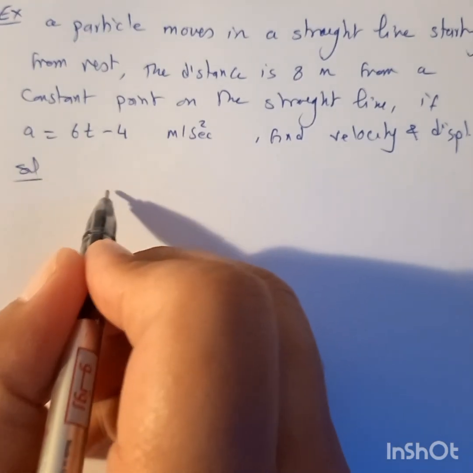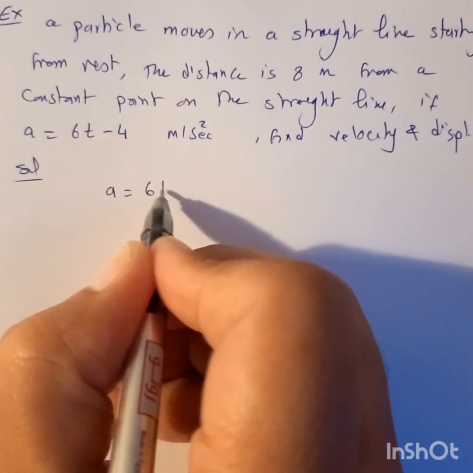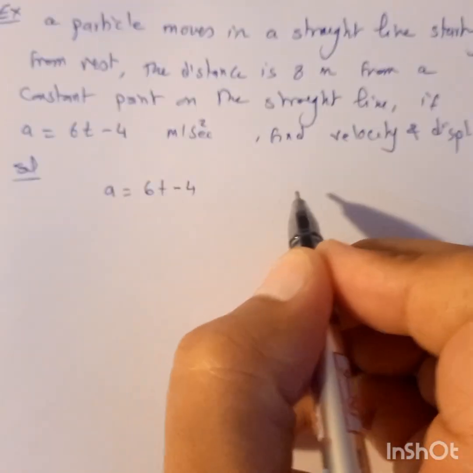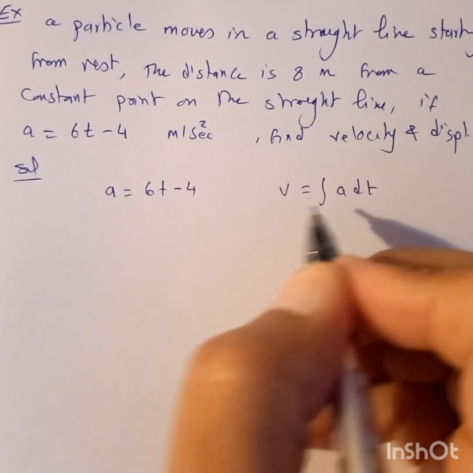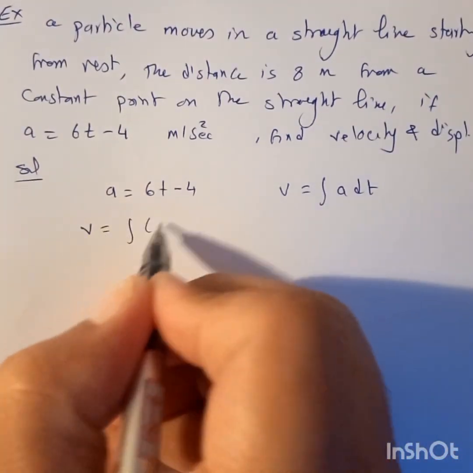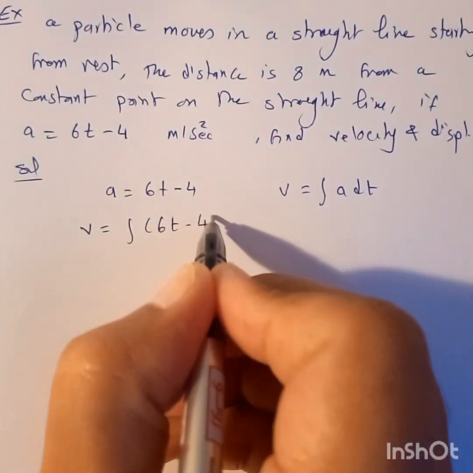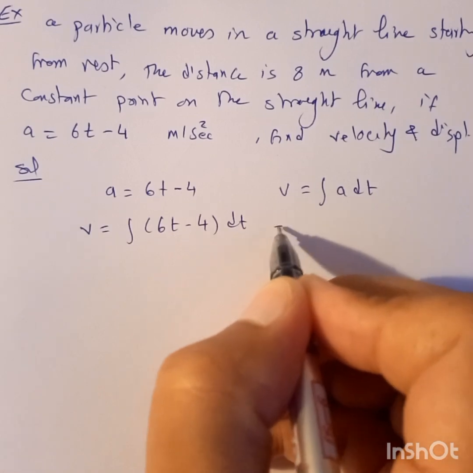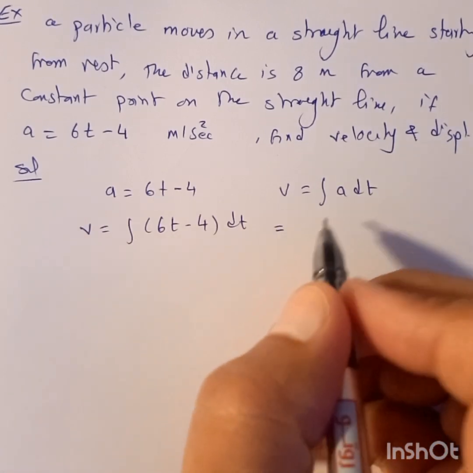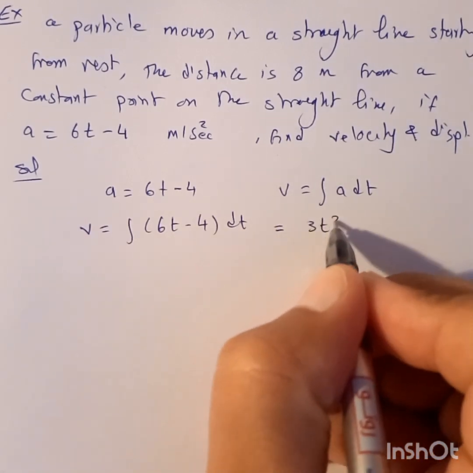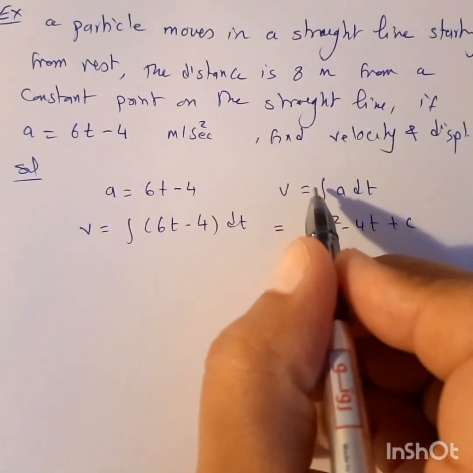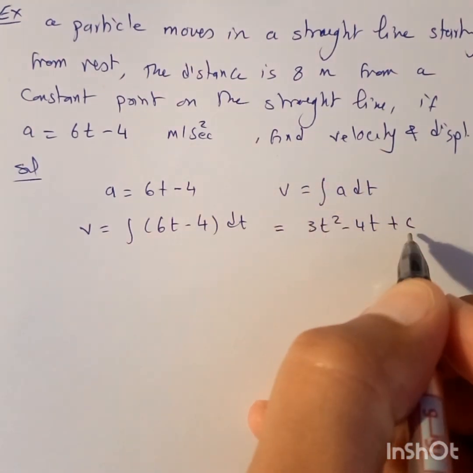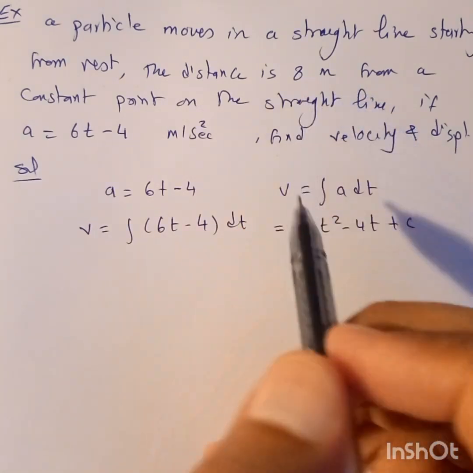Then we have here acceleration equals 6t minus 4, and we have v equals integral a dt. Then v equals integral 6t minus 4 dt. Then we have here 3t square minus 4t plus constant. As in indefinite integration, we have to add c and find it from the given data in the problem.